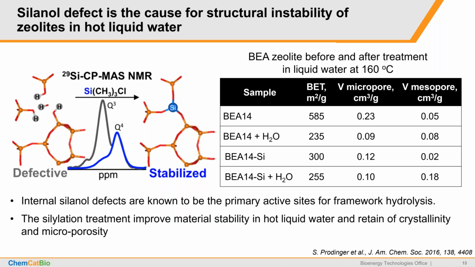By doing that, we lose some surface area and pore volume, but we largely maintain its stability. And as shown in the last line, after water treatment of this silylated zeolite, we see the surface area and pore volume are largely maintained, really showing that silanol defect sites are the cause of structural instability of zeolite in hot liquid water. And by silylation treatment, we can improve its stability.